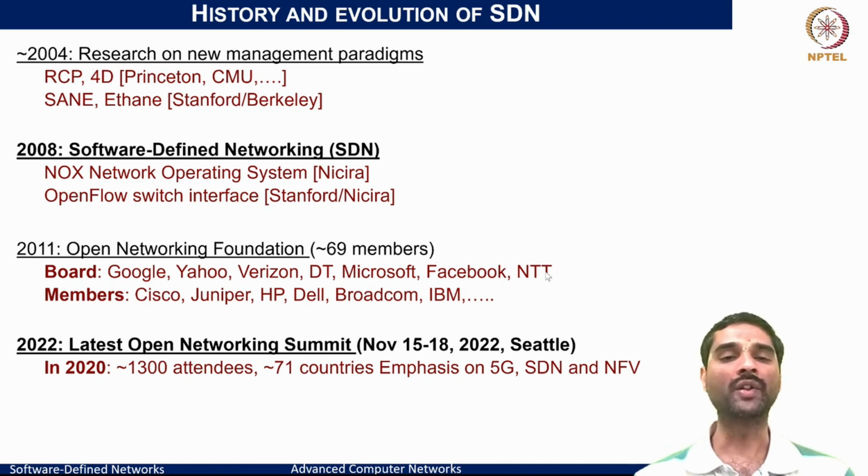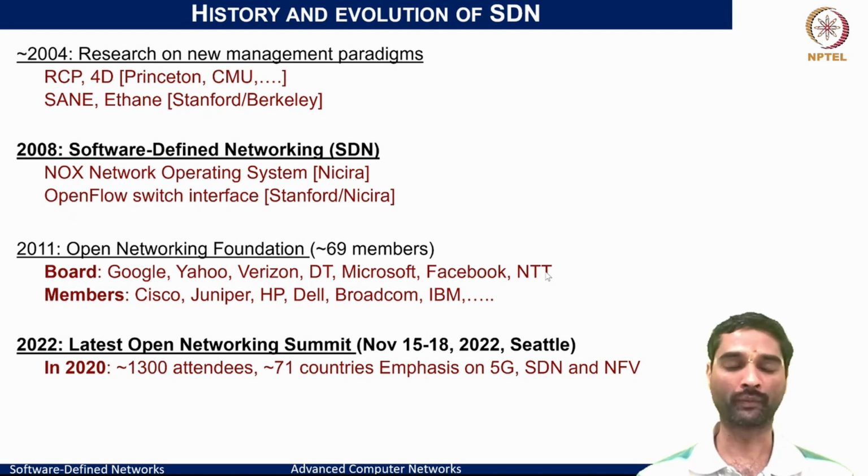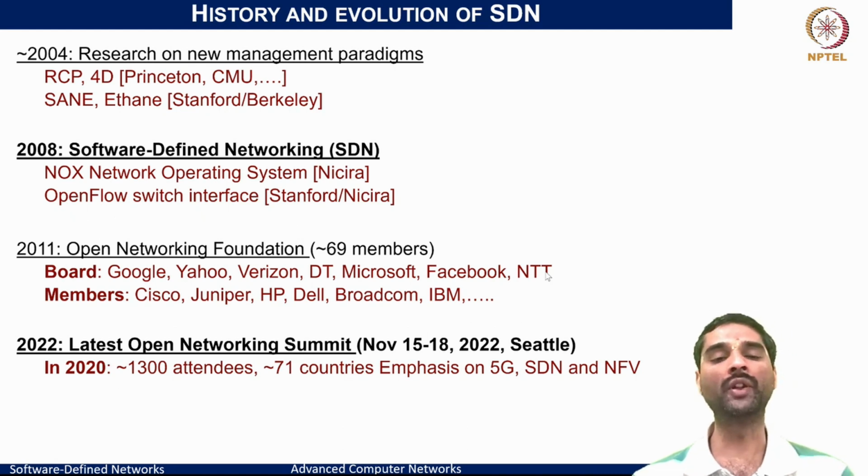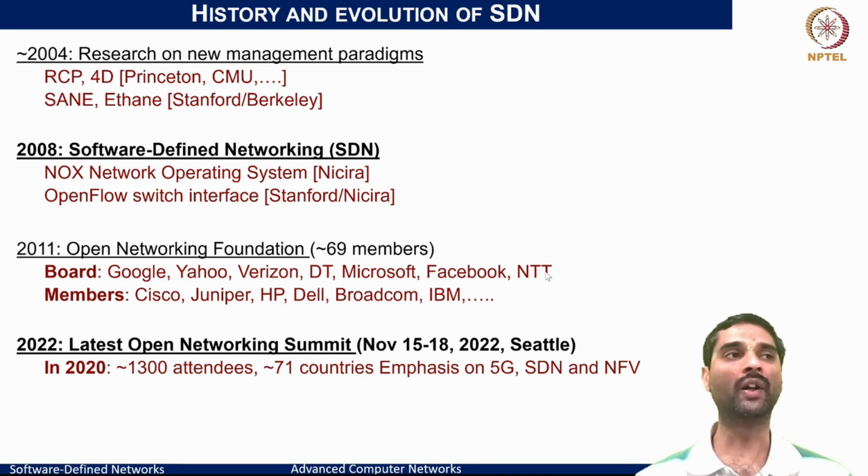SDN all started with Nicira, a company that started the OpenFlow standards, which eventually grew and were taken up by the IETF, where the SDN working group started, and then eventually became a member of the Open Networking Foundation, which has many board members that we all know: Google, Yahoo, Cisco, Juniper, all of them.